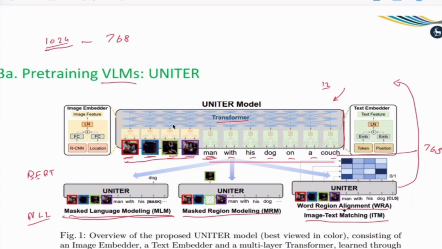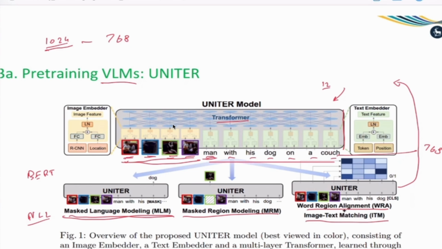In the same way, if the regions from the image which you are giving and the associated text are from the same paired data, then that's a positive label. And if the text is provided corresponding to a different image, then it's a negative pair. So it's basically binary cross entropy loss based on positive and negative.